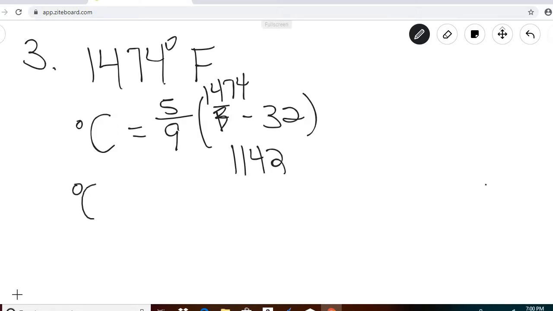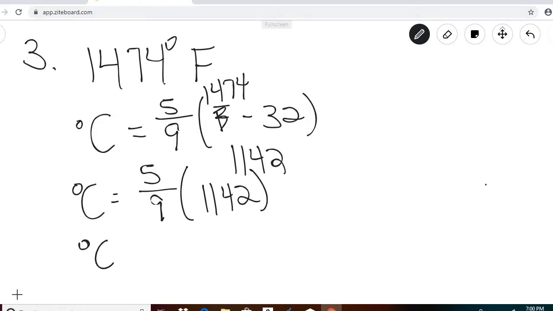So degrees C is going to be 5/9 times 1,142. So multiply times 5 and divide by 9. And what you will get is 634 degrees Celsius. And significant figures are okay because this number goes out to the ones place, and so our answer will also go out to the ones place.